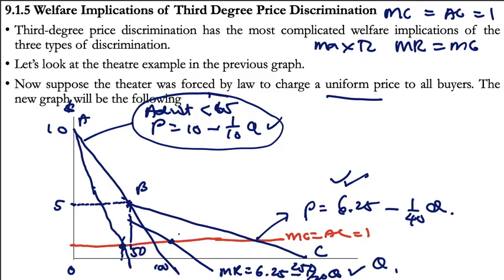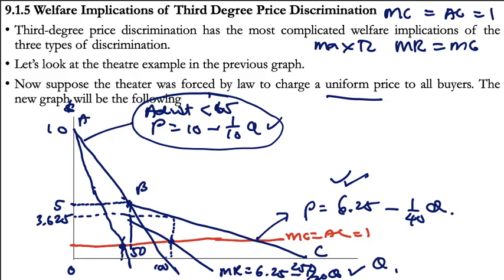At the first point, MR equals MC. If I drag up the line and it hits the demand curve, then I can find the price here. And the price here is 3.625. Okay, I give you the price, but actually it can be done mathematically because all the equations are given. And what is the quantity here?